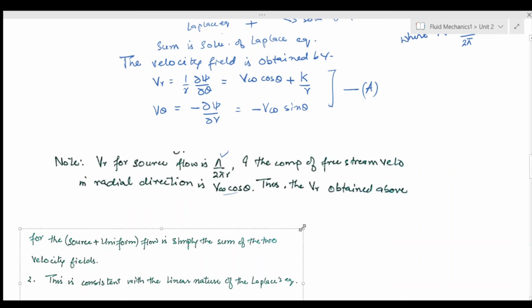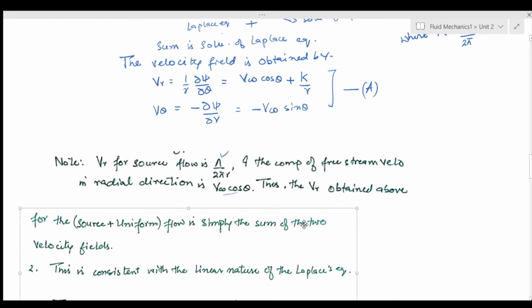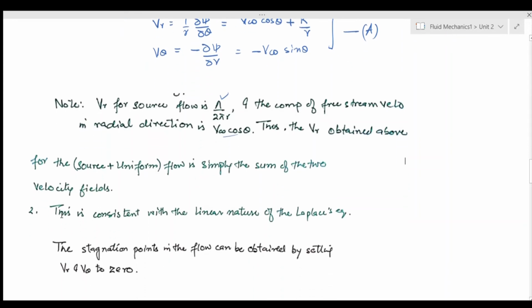For the source plus uniform flow, it is simply the sum of the two velocity fields. This is consistent with the linear nature of the Laplace equation.